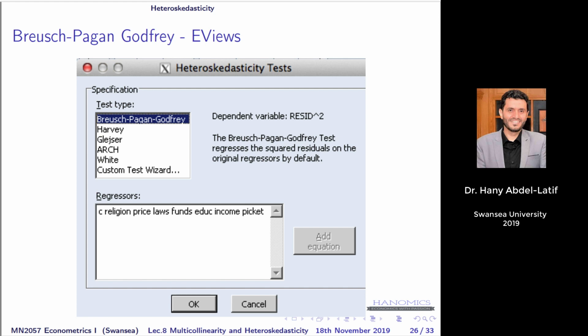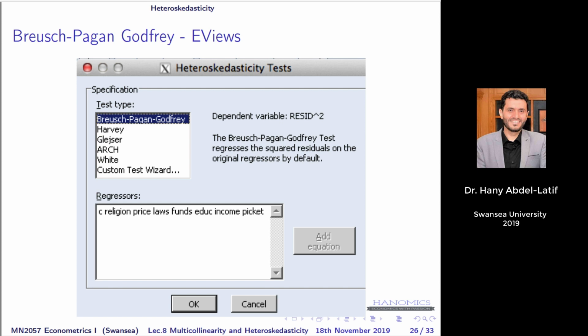You run a regression of the squared residuals on x's, exactly the same as the Breusch-Pagan test, but you also add x squared terms. So you have x1 squared, x2 squared, and also x1 multiplied by x2, etc. In that case, you use the R squared from this regression, multiply it by the number of observations, which gives you the test statistic, and you make the decision in the same way.